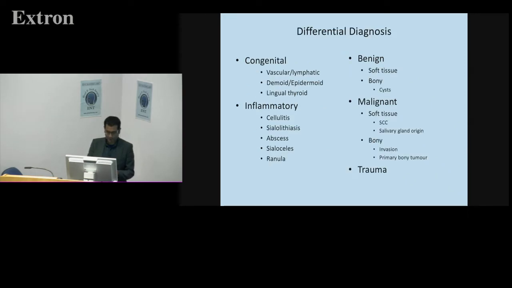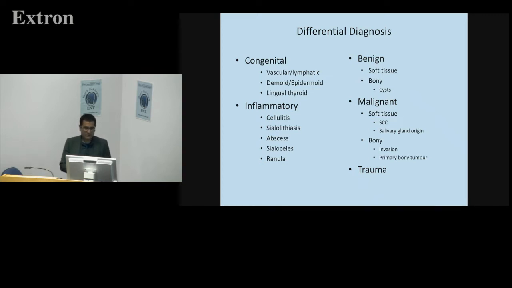Now, I suppose the thing to consider, when you see somebody who's got some sort of pathology within the mouth or mandible, is to think what the condition could be. If you categorize them broadly into congenital and acquired conditions: with congenital problems, you've got the vascular anomalies and developmental abnormalities.